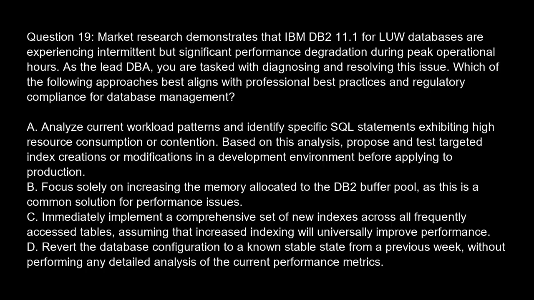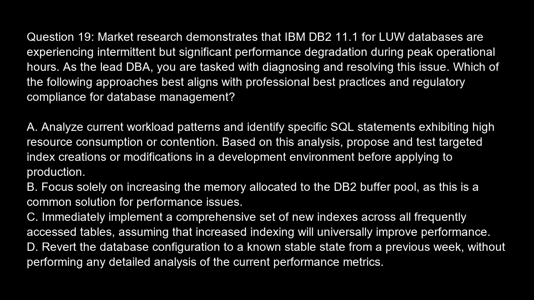Option A. Analyze current workload patterns and identify specific SQL statements exhibiting high resource consumption or contention. Based on this analysis, propose and test targeted index creations or modifications in a development environment before applying to production. Option B. Focus solely on increasing the memory allocated to the DB2 buffer pool, as this is a common solution for performance issues.